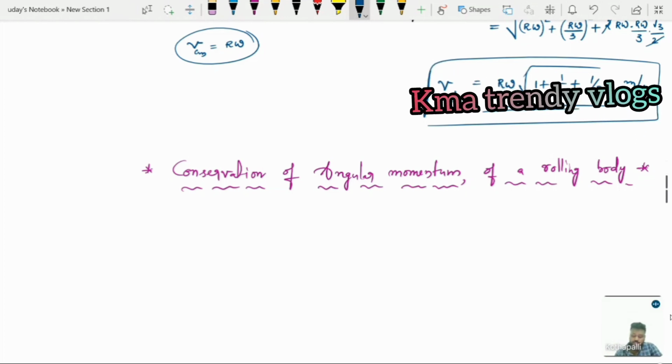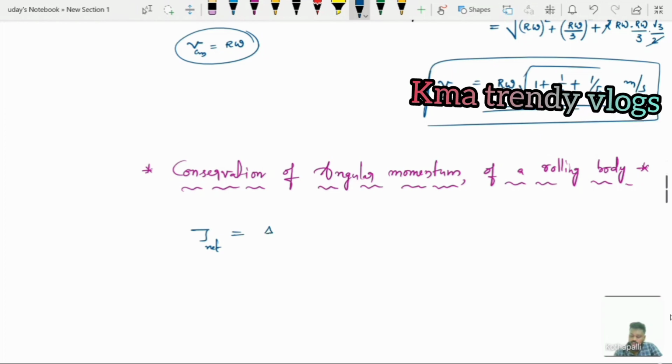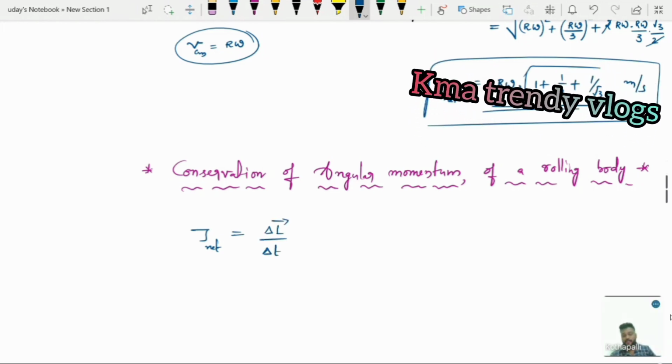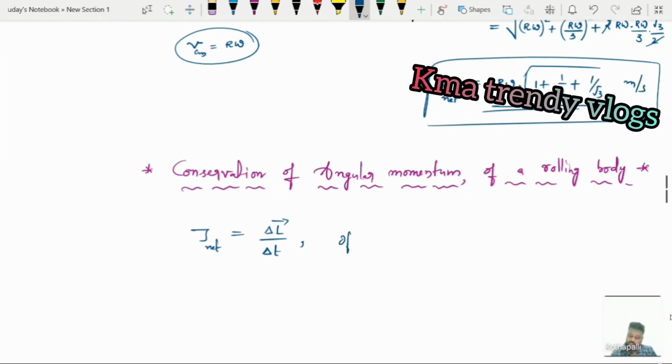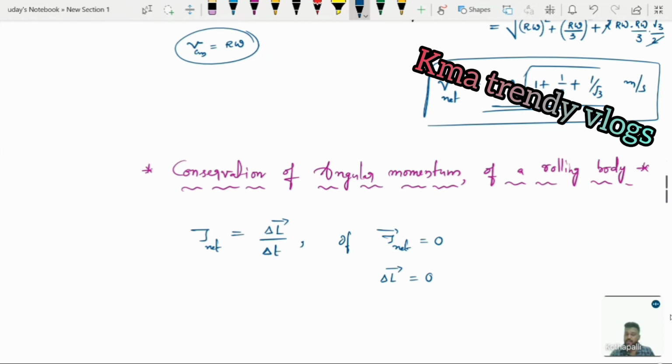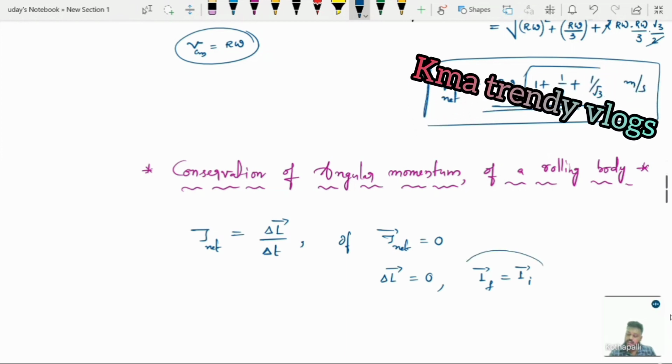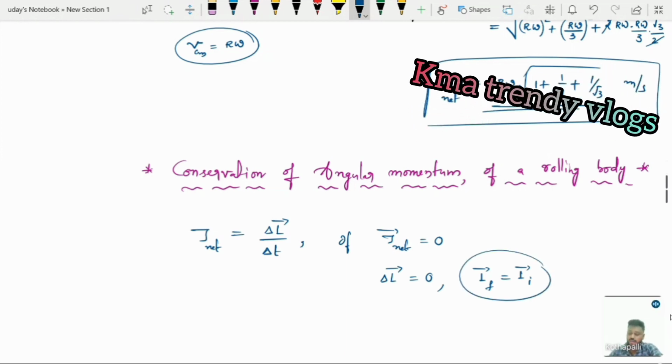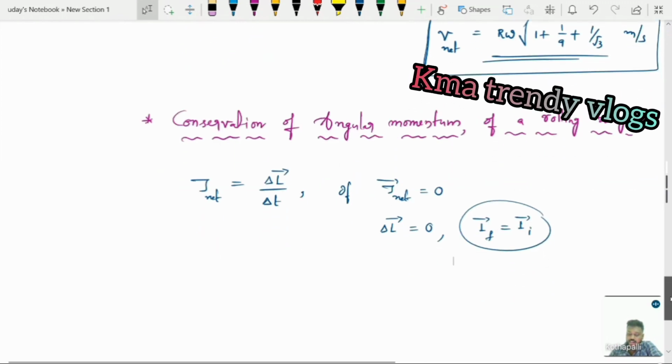Because a very basic condition we know is that net torque acting on any body is delta L by delta t, the rate of change of angular momentum with respect to time. If net torque is equal to zero, that means delta L by delta t is zero, which means delta L is zero. So L final will be equal to L initial, because L final minus L initial is zero.